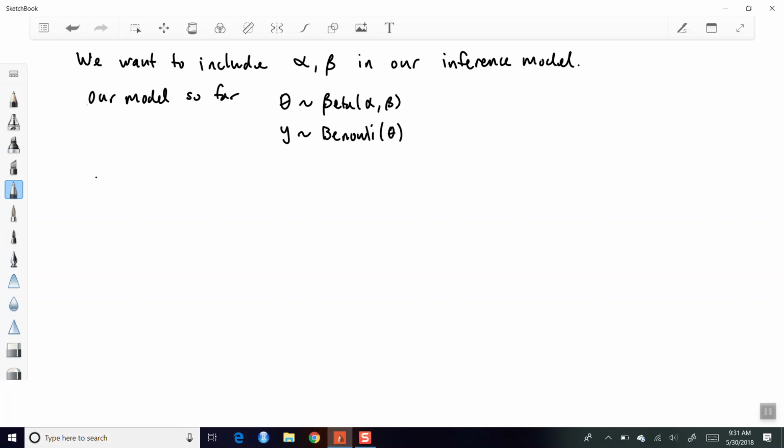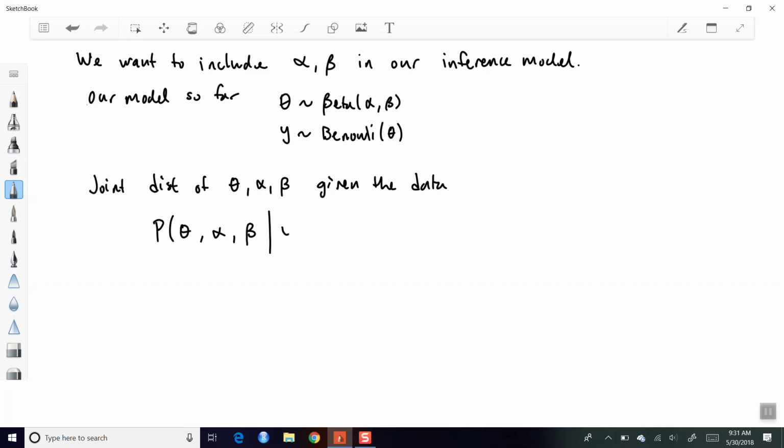And so our total joint distribution of theta, alpha, and beta, given the data, will be the probability of theta, alpha, and beta given y. So this is maybe I'll just write our posterior joint distribution of all the parameters that we're trying to estimate based on the data that we have, okay?